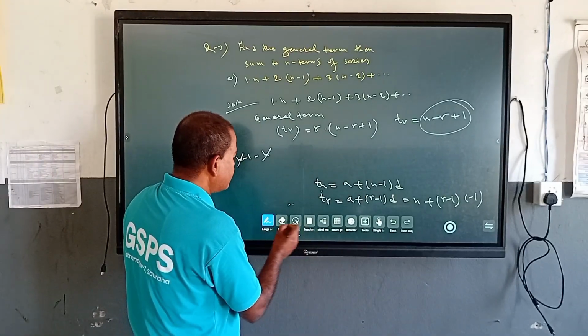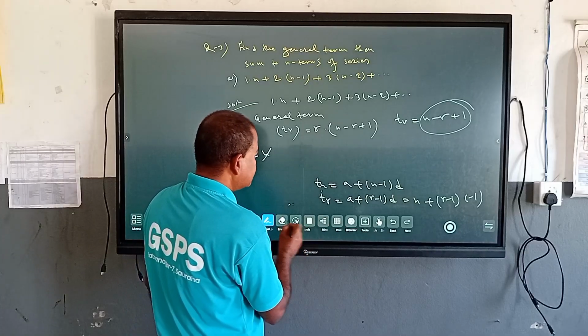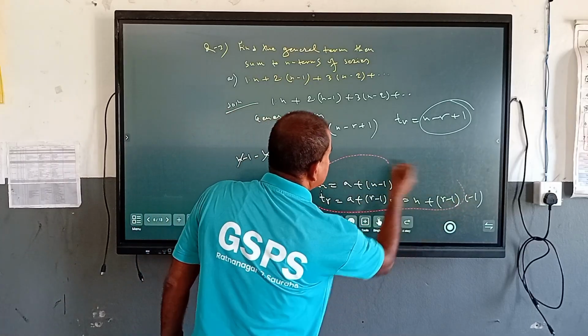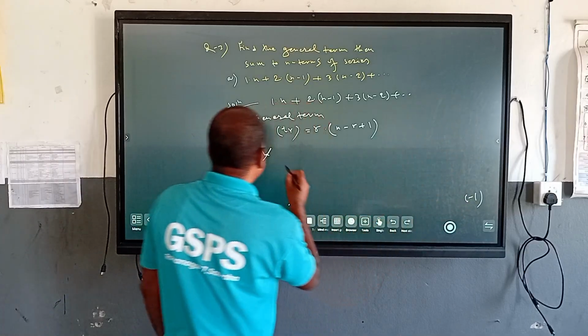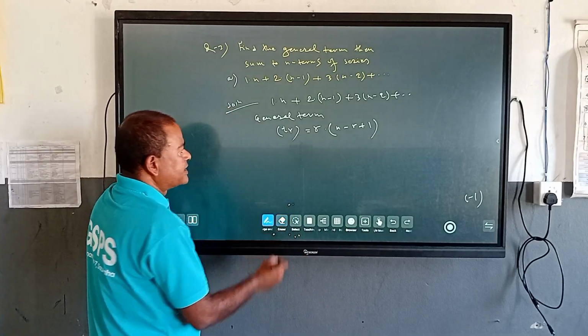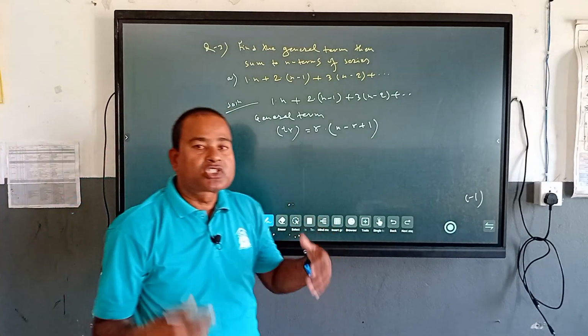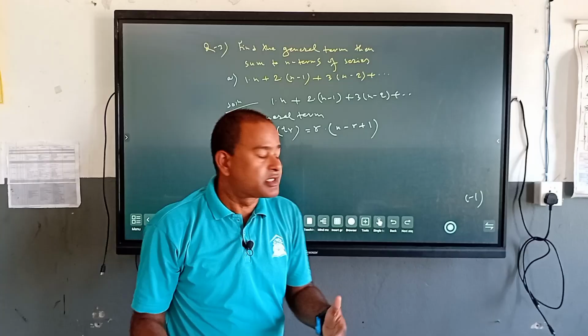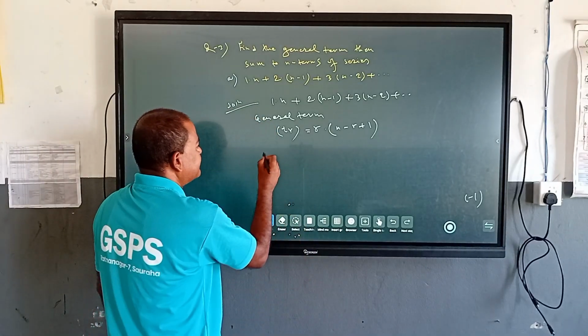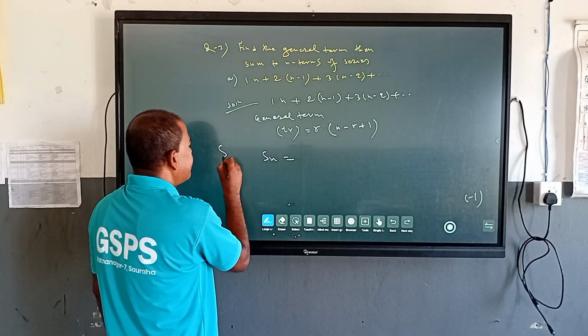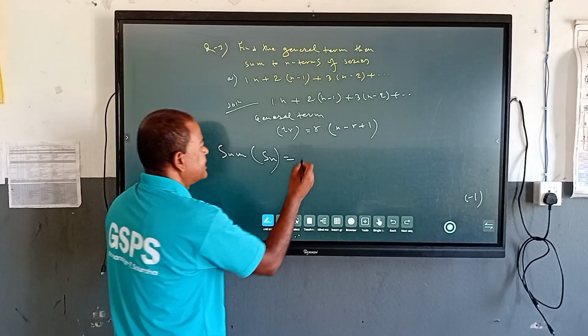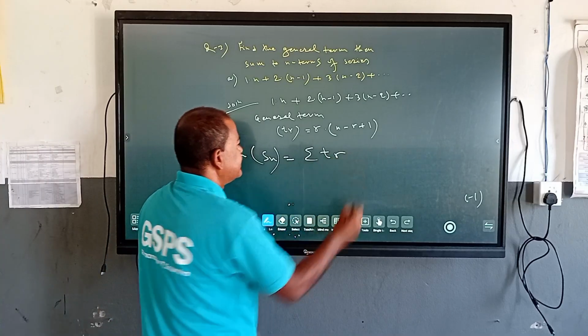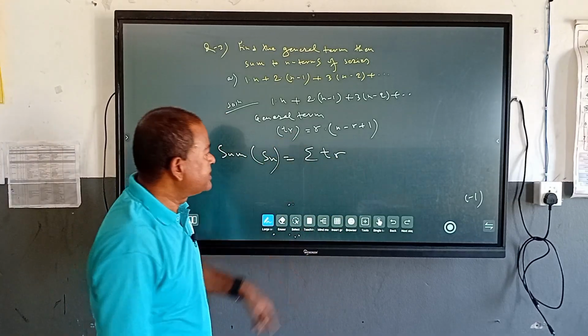Now next we are going to find out the sum of the first n terms of the given series, that means Sn. Sn equals summation tr, because the general term we have represented by tr.